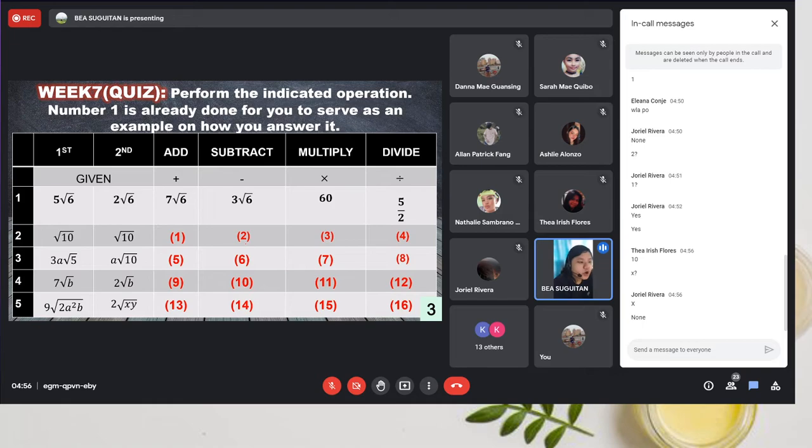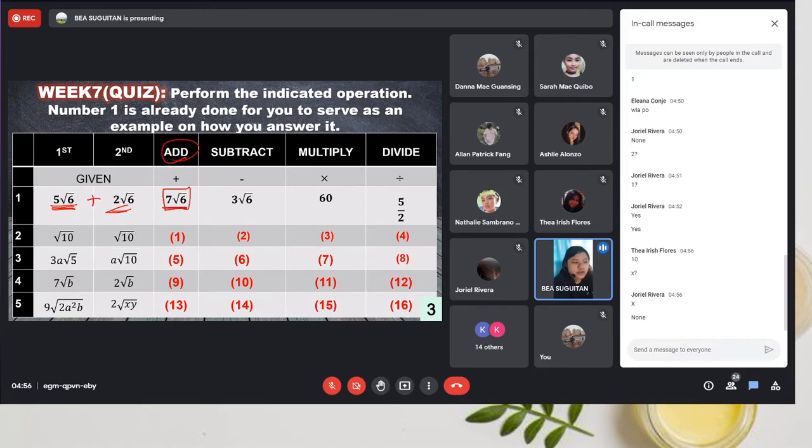Okay? So, halimbawa, our first radical is 5 square root of 6, and then our second radical is 2 square root of 6. If you are going to add that, it will give you the answer of 7 square root of 6.